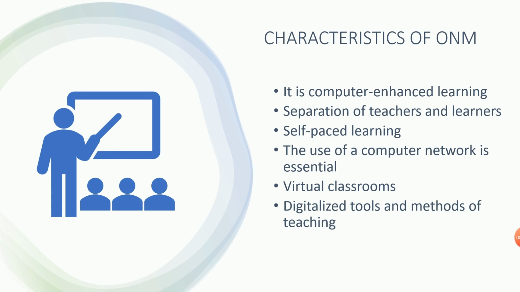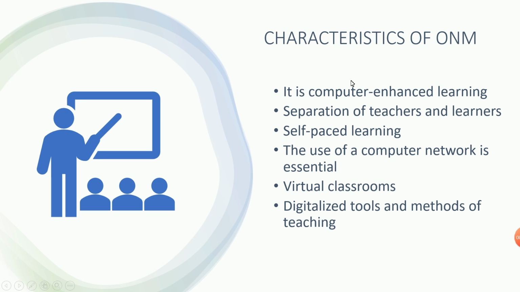So characteristics of online mode, அது பாத்தீங்கன்னா computer enhanced learning. So we all know that online is solely based on computer. Even though we are using cell phones to learn something, that is also a form of miniature computer, even tabs also. So here it is known as computer enhanced learning.